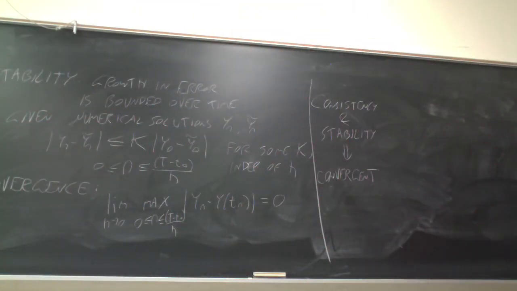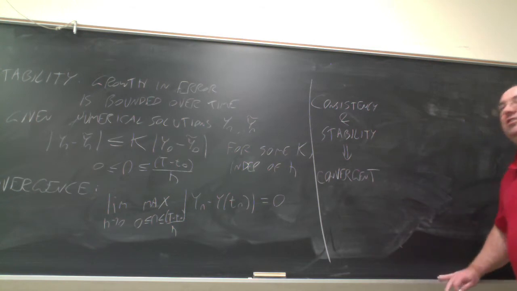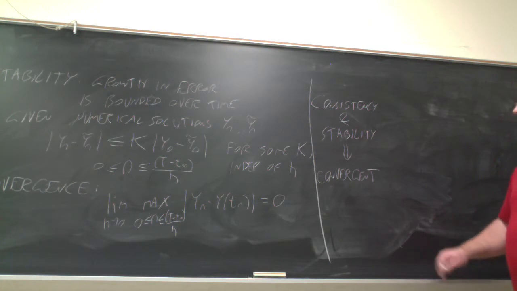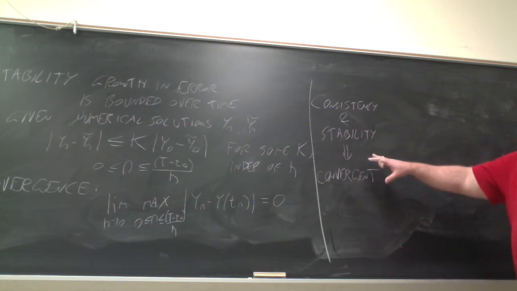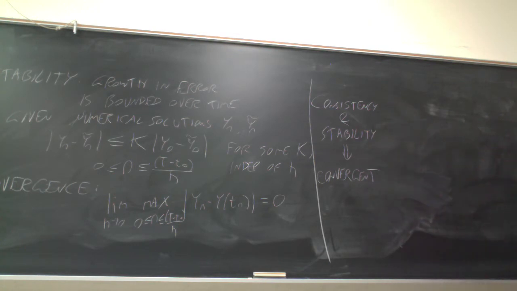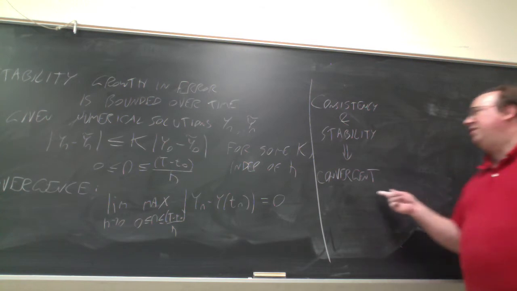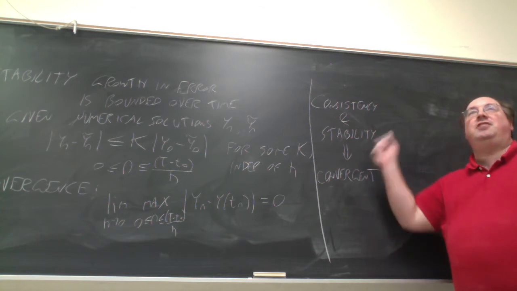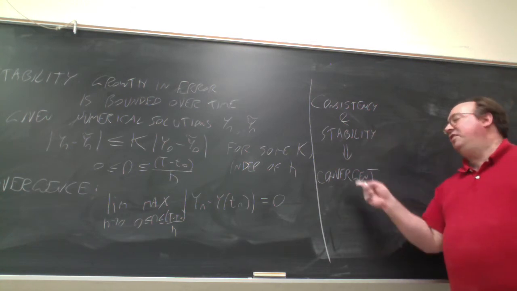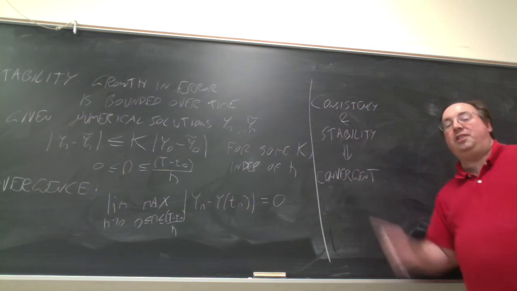There are different theorems that make statements like this. Like, for instance, you can say if a method is consistent, then it's convergent if and only if it is stable. But this is like the weakest statement I can make, but it's the most important one because that's what you're trying to do. You're trying to show a method is convergent. So what do you do? You show it's consistent and stable, because these things are easier to check than checking for convergence directly.